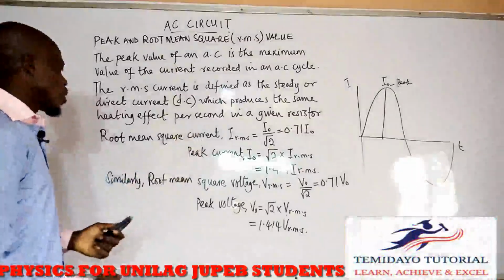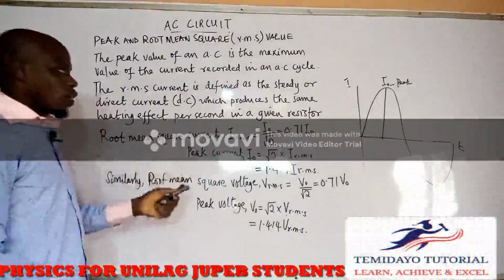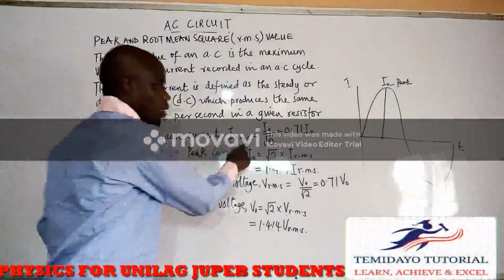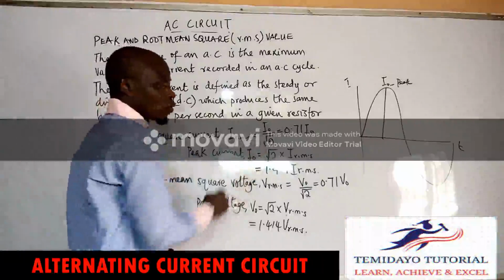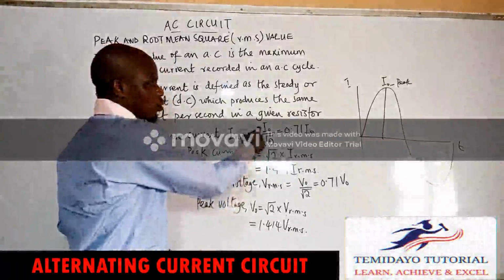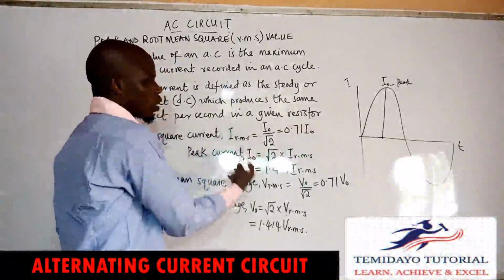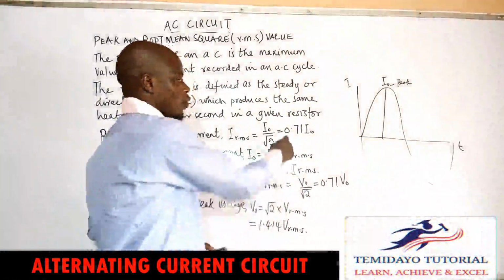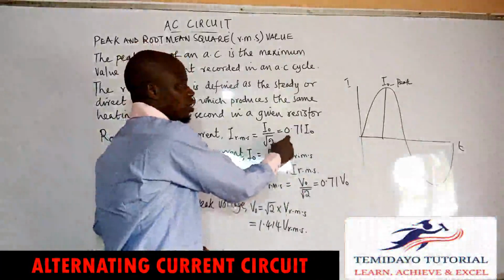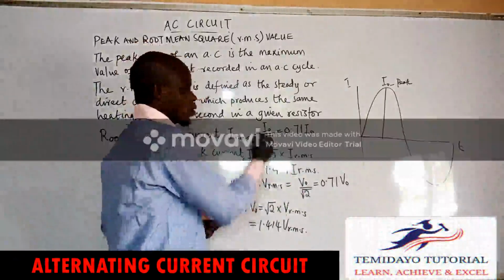So in this case we have the root mean square current, which is the IRMS, and it is equal to the peak over the square root of 2. That means the peak value over square root of 2. The square root of 2 is 1.414, and the reciprocal of it gives us 0.707. That's why we have 0.71 I naught. What do I mean by that?